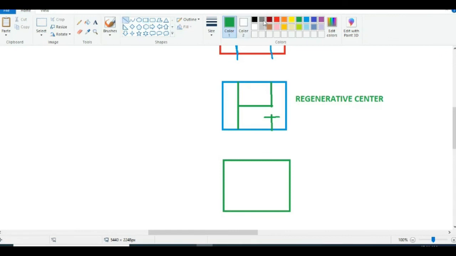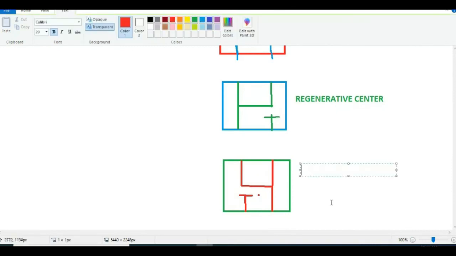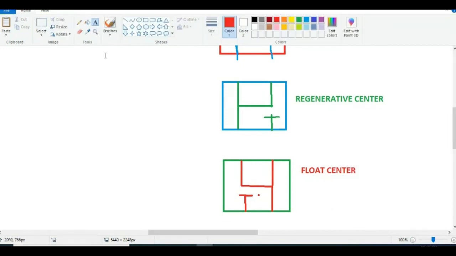If the symbol at the center of the direction control valve is like this, we are going to discuss all of this related to the center position later. If the symbol is represented like this, then it is called the fluid center. Direction control valve with the fluid center.